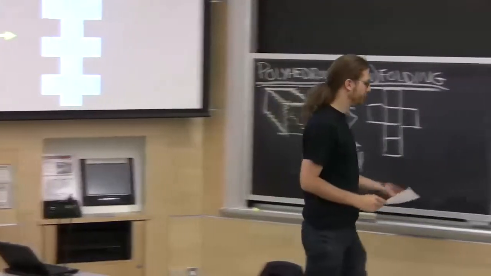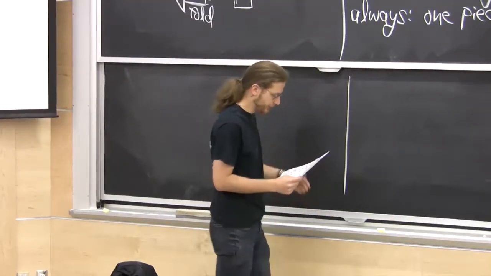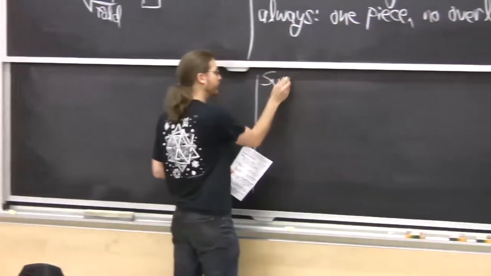So those are sort of rules of the game, or two possible rules of the game. And let me tell you what's known about these kinds of unfoldings. I mentioned it way back in lecture 1.